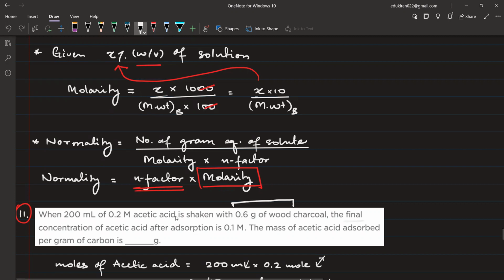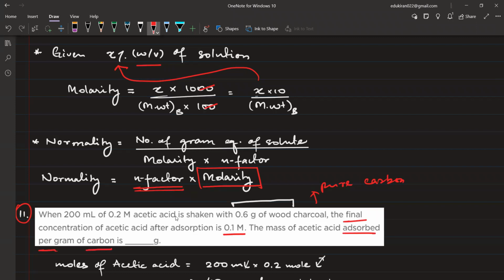Charcoal is pure carbon, okay? The final concentration of acetic acid after adsorption is 0.1 molar. The mass of acetic acid absorbed per gram of carbon is how much?